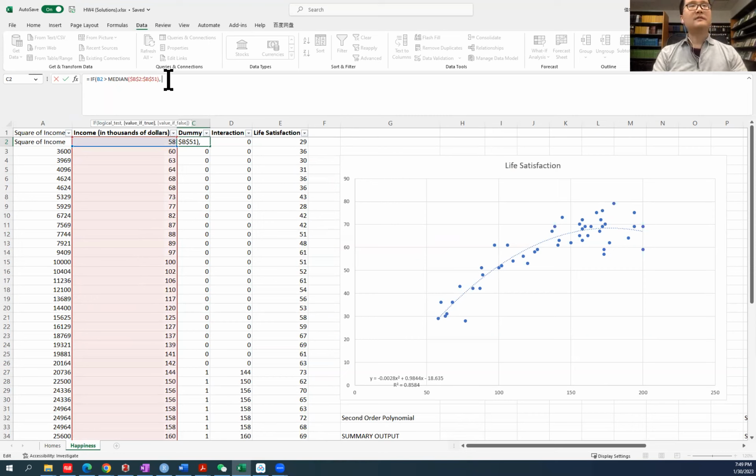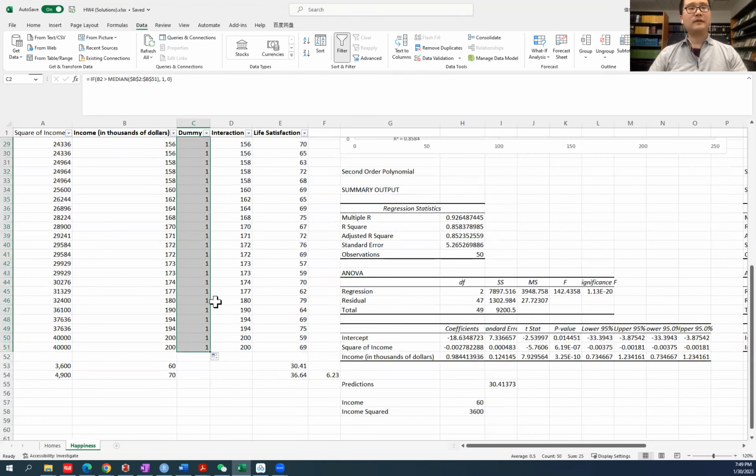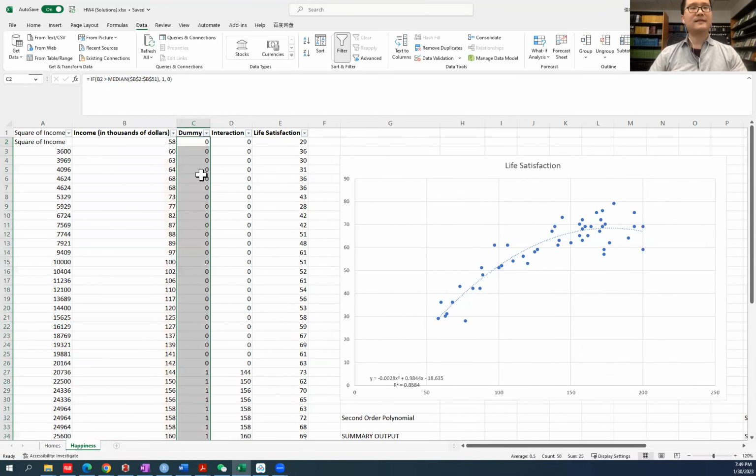If the income is above the median, then we call it the high income group. That's where we assign value 1 to this group. Otherwise, it'll be a low income group. That's where we assign 0 to this group. So using the IF function, that's how we can calculate the values for the dummy variable. And you can autofill it. As you notice, that's exactly how we can calculate a dummy variable.